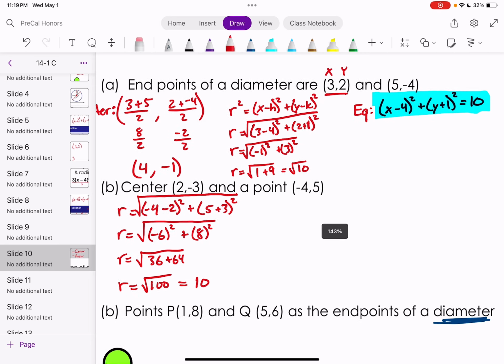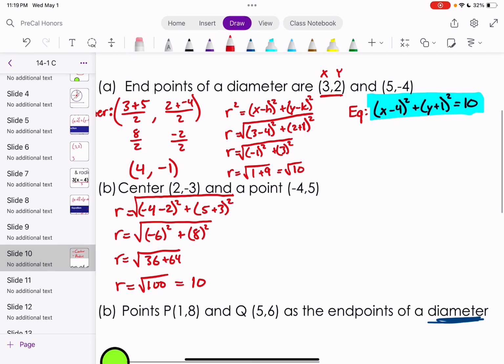Keep in mind, our equation would be x minus 2 squared plus y plus 3 squared is equal to 100. Remember, the radius was 10, and we're going to square that 10, which is 100.